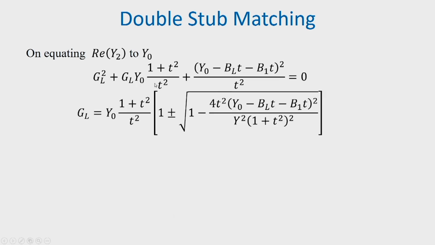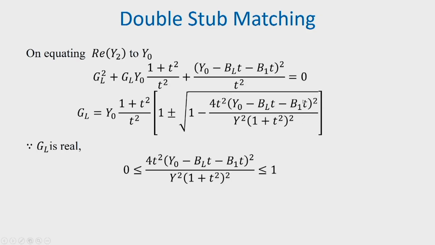This is a quadratic equation. We can find out GL, and what we find is that GL is real. Therefore, please notice both numerator and denominator are positive values because of these squares, and therefore, if we want GL to be real, this entire term has to be less than 1.